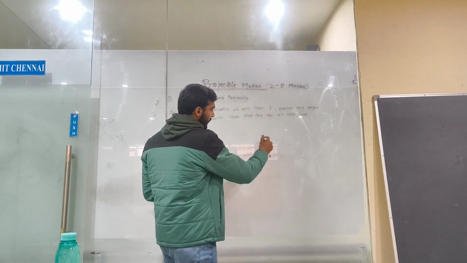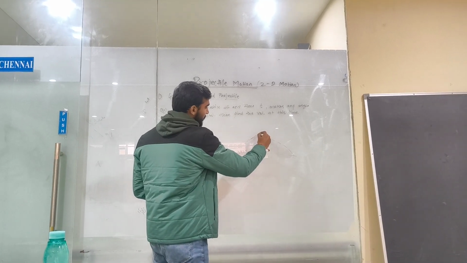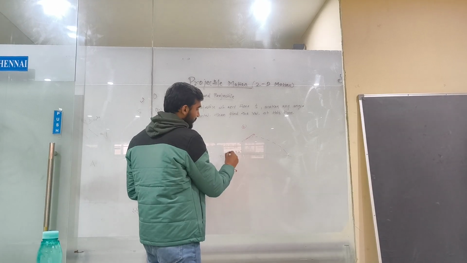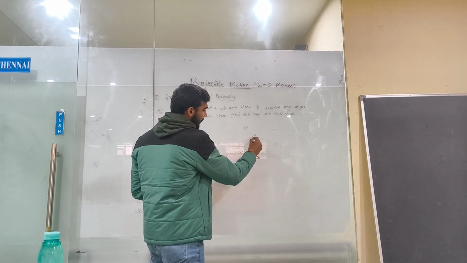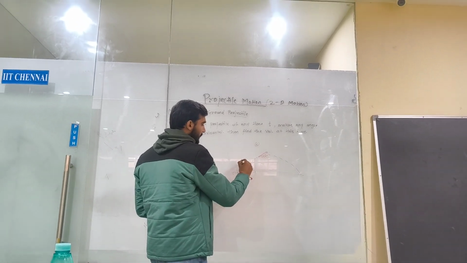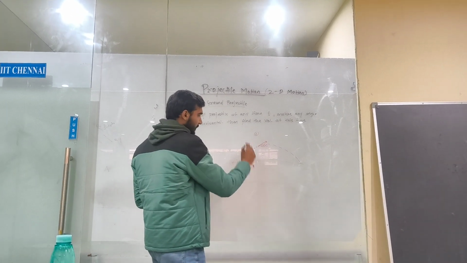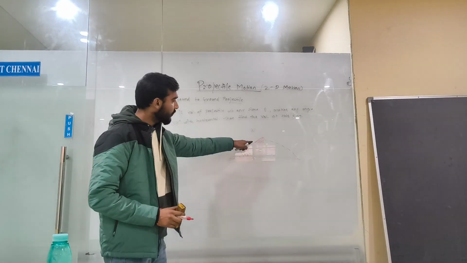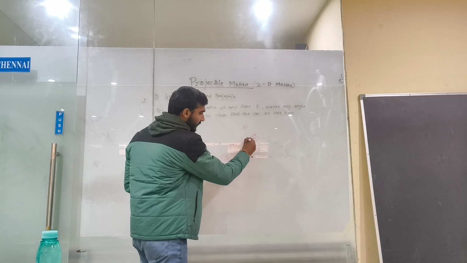Okay. And I am talking about at any time. Let's say at time t, it is here. This is t equals 0, and it is making angle 37 with the horizontal. And this velocity is given, 100 meters per second. Yes or no? So what the question asks is, we want to find out the velocity at this point.